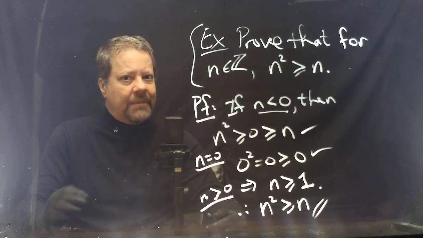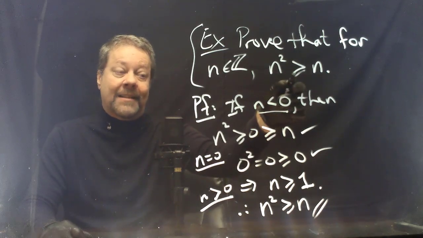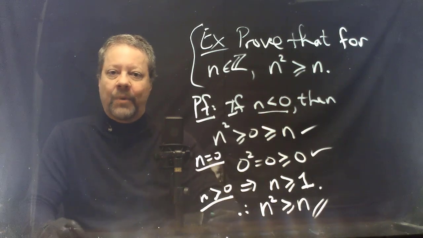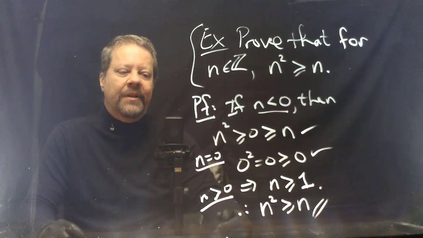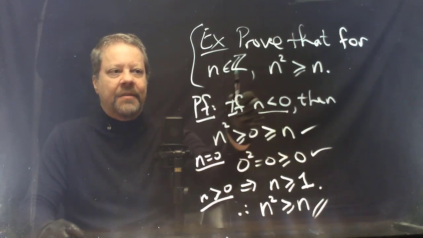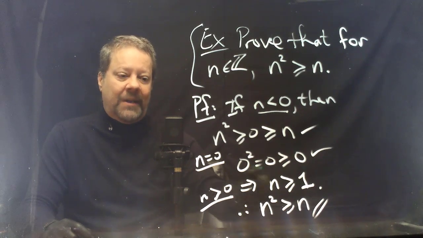If we're talking about real numbers, that's a different story. 1/2 squared is 1/4, and that's smaller than 1/2, not bigger than or equal to 1/2. But for integers, this will always be true. We broke it into cases because integers include negatives, 0, and positives.